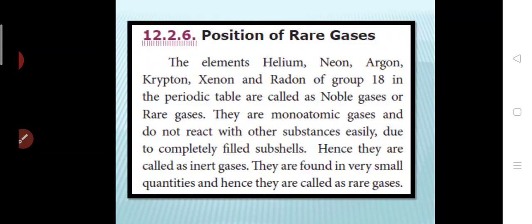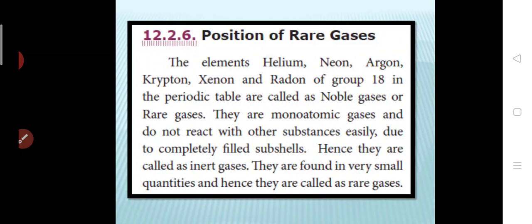Now moving on to the position of rare gases. The elements helium, neon, argon, krypton, xenon and radon of group 18 in the periodic table are called noble gases or rare gases because they are not very abundant in the environment, and they are monoatomic gases. If you take helium, you write it as He only, you cannot write it as He2 or He3. Monoatomic means He1 only.